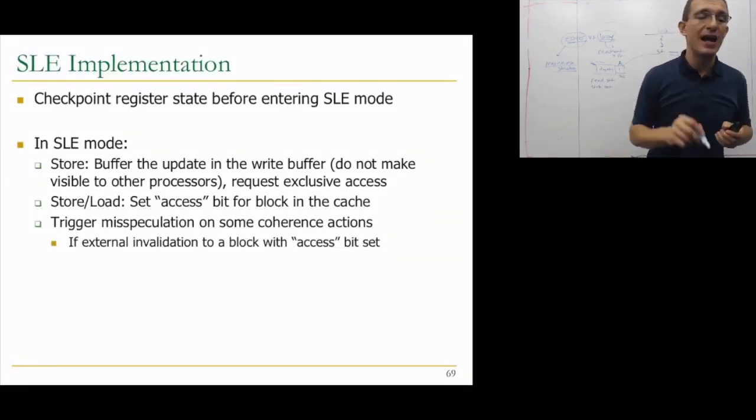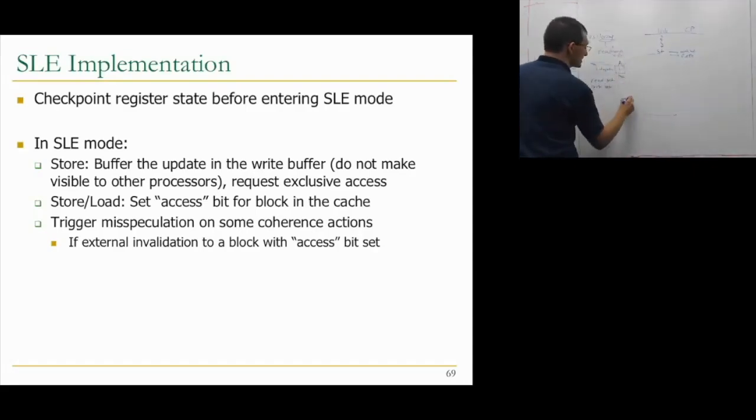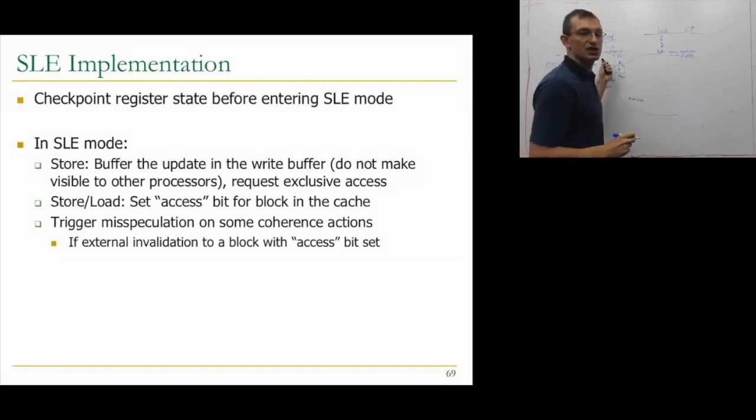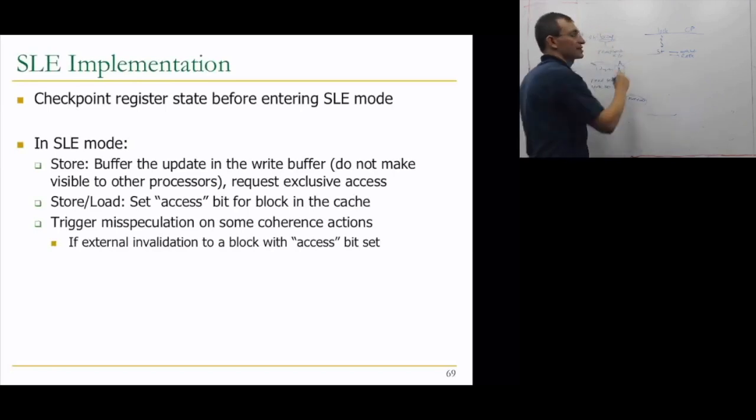If there's an external invalidation to a block with the access bit set, so if there's a coherence request that says invalidate this block, and the access bit is set, that means that there is misspeculation, because somebody else is trying to access that block, or actually write to that block or acquire that block, that this particular processor executing this critical section has written to or read, right?